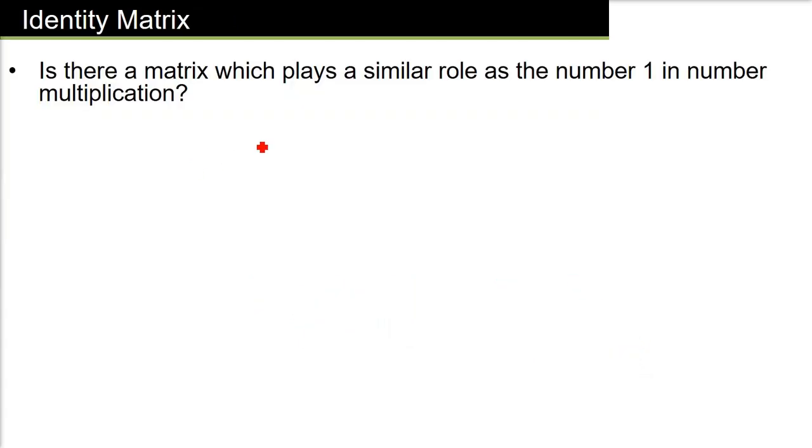So what we were discussing in identity matrix is, in mathematics, do we have any number with a corresponding equivalent in matrix algebra? If I multiply 3.8 with 1, we get 3.8. If I multiply 2 by 3 into 1, I get 2 by 3. If I multiply 5 by 1, we get 5.